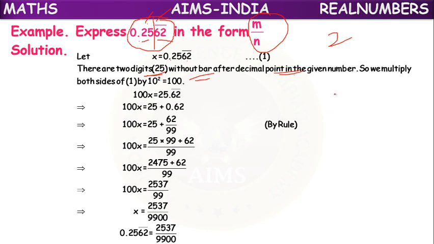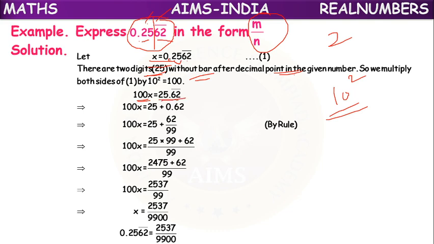We have 2. So let's multiply both sides by 10 square. 10 square means 100. So they have given the value of x. Let's multiply with 100. 100x means 100 into 0.25, the point will shift 2 places towards the right side.